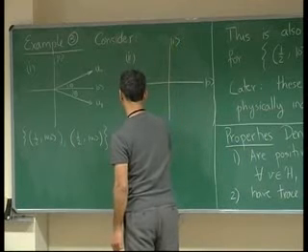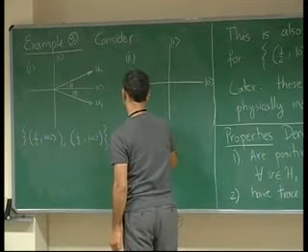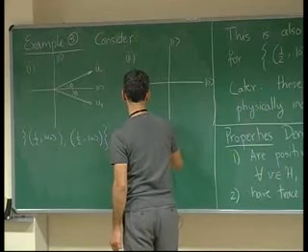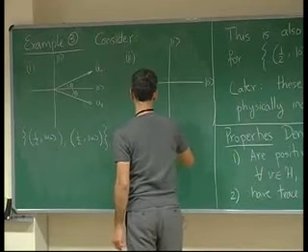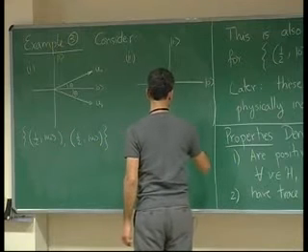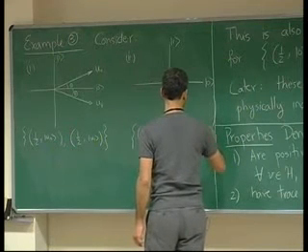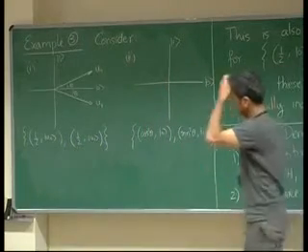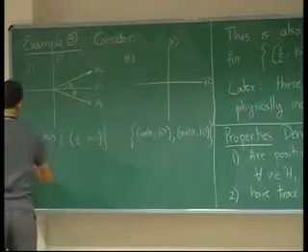So here, the mixture I want to look at is cos squared theta 0, sine squared theta 1. So these two have the same density matrix.